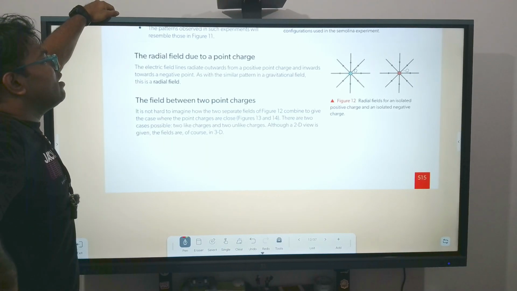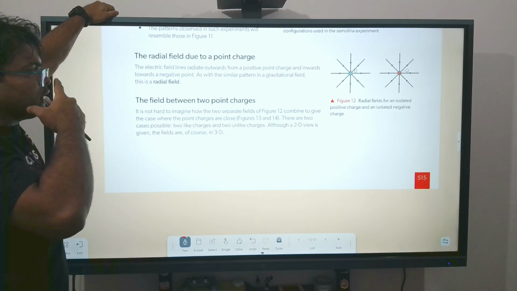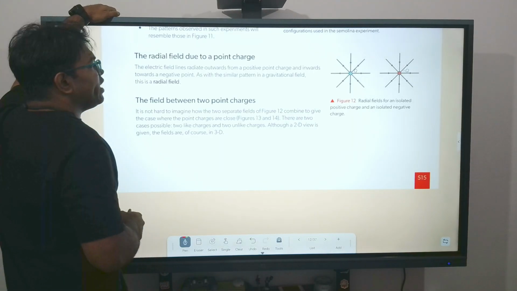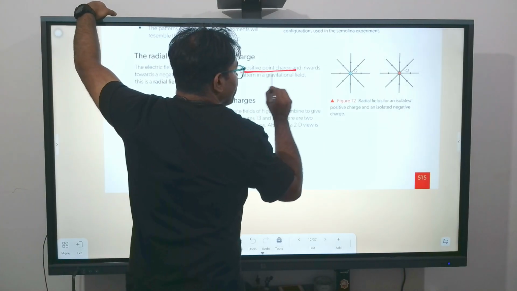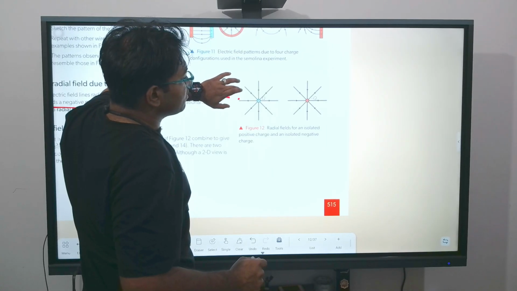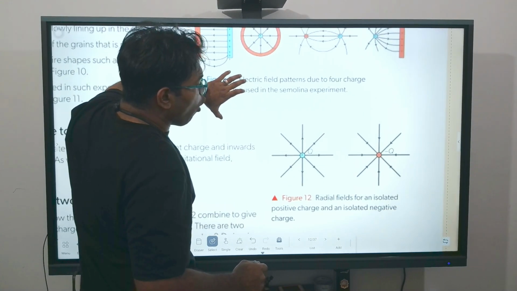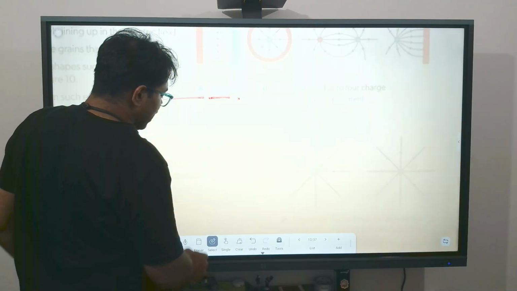Now, the radial field due to a point charge. The electric field lines radiate outwards from a positive point charge and inwards towards a negative point charge. If you look at this, the blue dot is the positive charge and the orange dot is the negative charge.